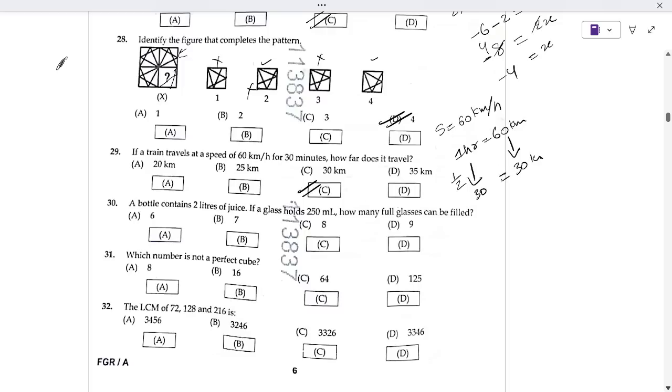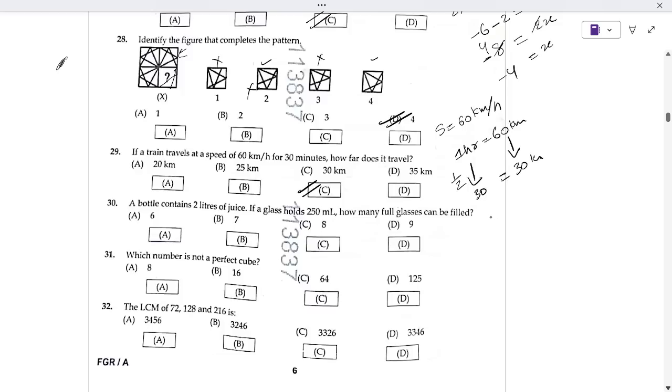Next, a bottle contains 2 liters of juice. If a glass holds 250 ml, we know 1000 ml will give us 1 liter. Then how many full glasses can be filled?